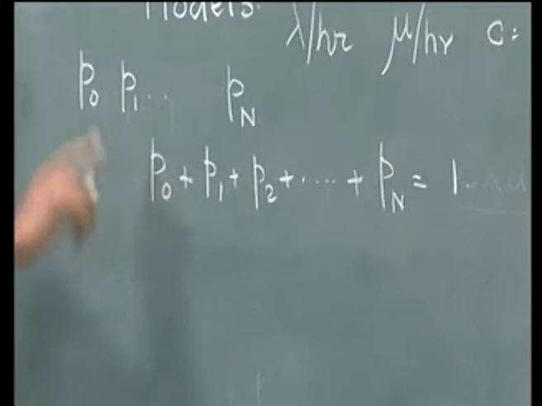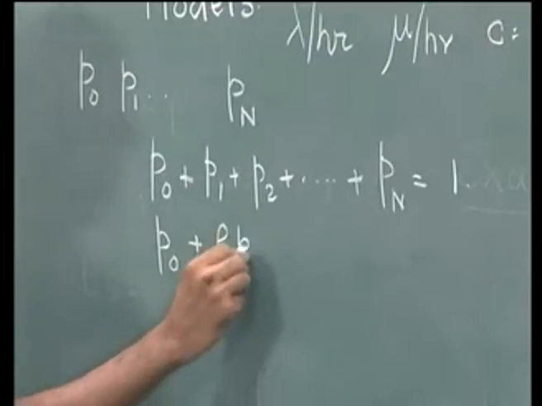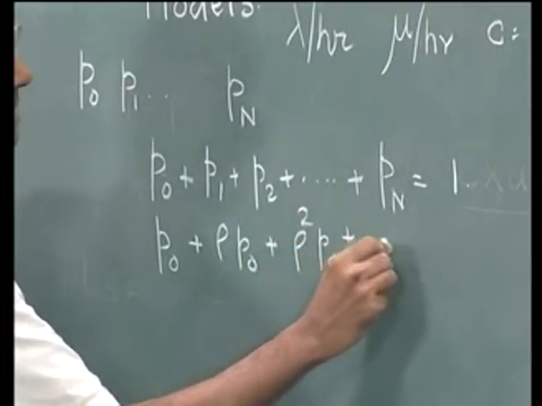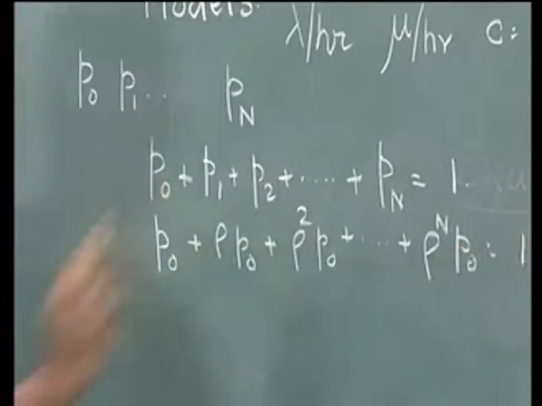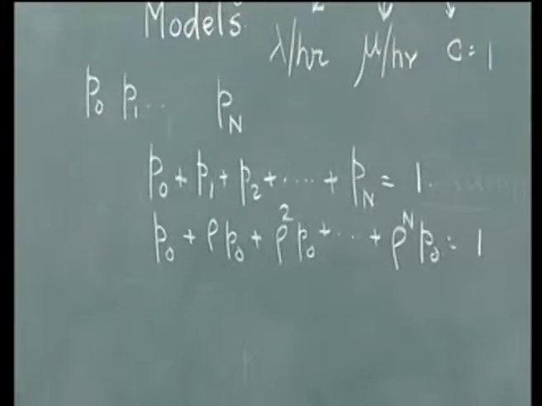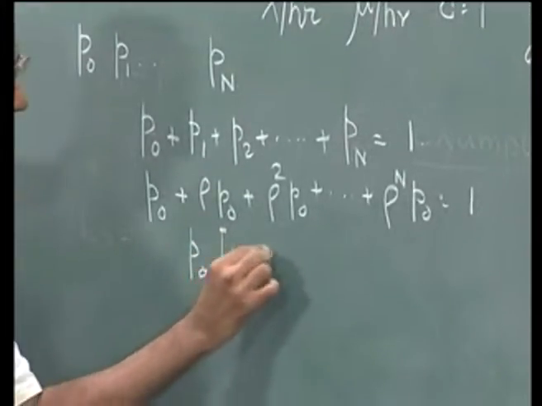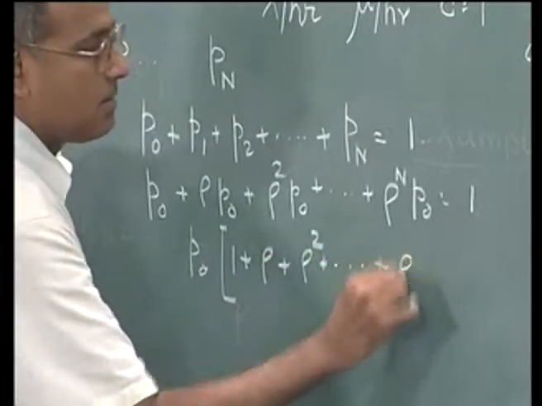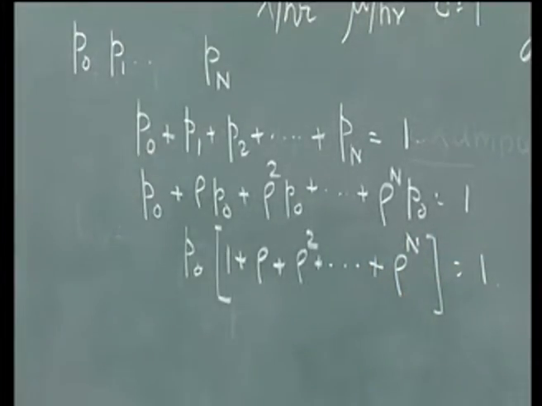Now, we know the relationship between these. So, this is P naught plus rho P naught plus rho square P naught etcetera plus rho power n P naught is equal to 1. Now, if we take P naught outside, 1 plus rho plus rho square up to rho power n is equal to 1.